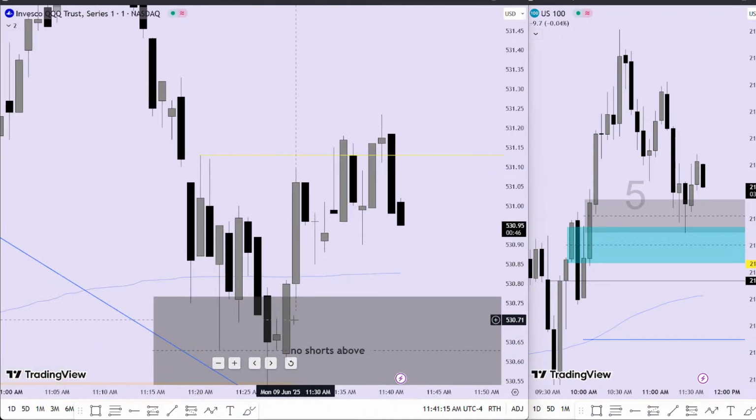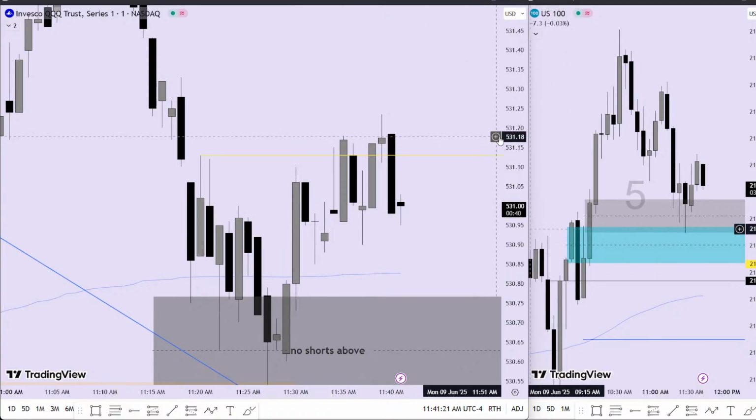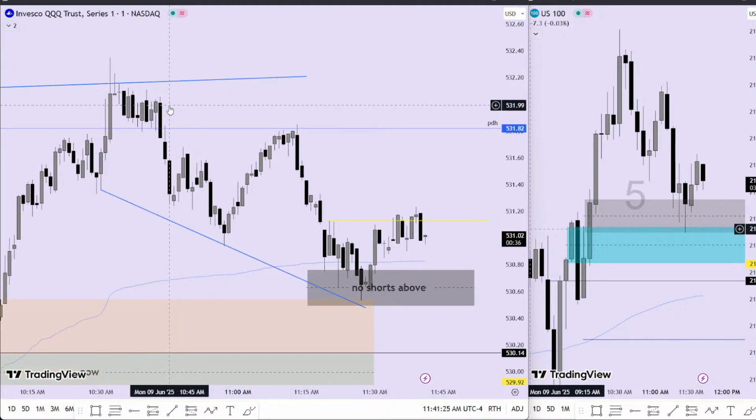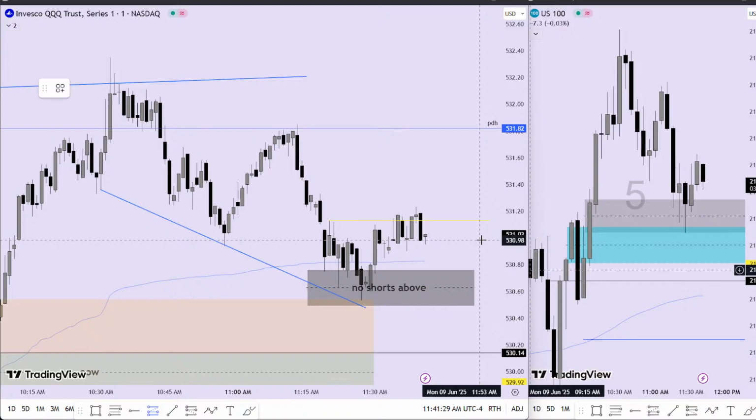You'll probably retest the low of the 11:30 opening. If not, I'm still more bullish than bearish. I'm targeting somewhere around this point.